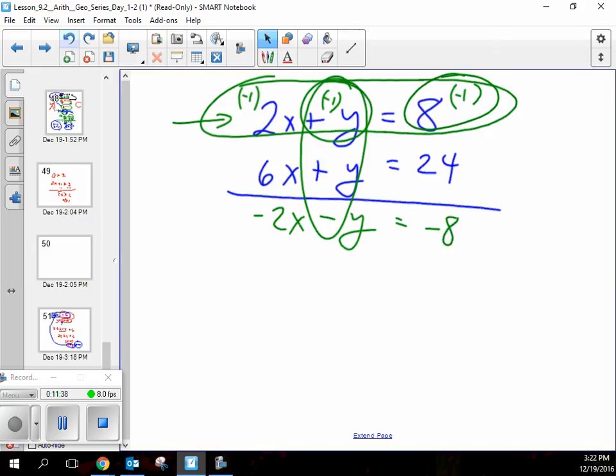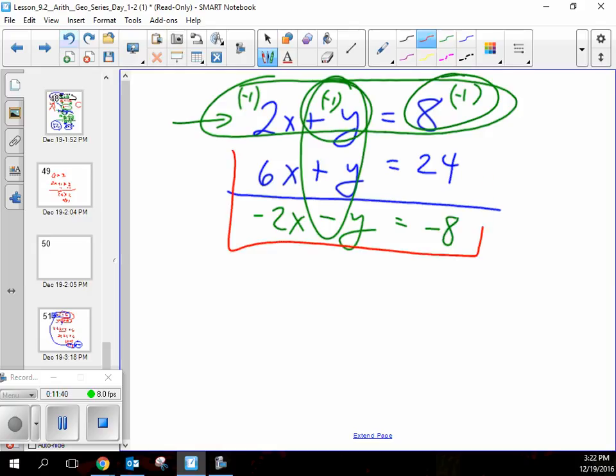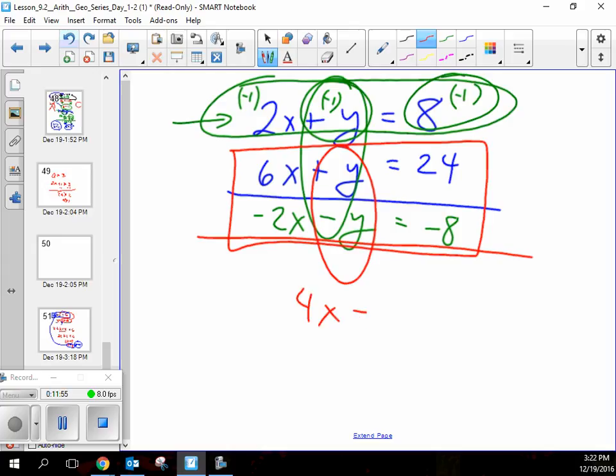Now, these two have become my main two equations after rewriting that top equation. Now I can see that these two are the opposites of each other, so they will cancel out. And 6x and negative 2x, or 6x minus 2x, gives me 4x equals 24 minus 8, which gives me 16.